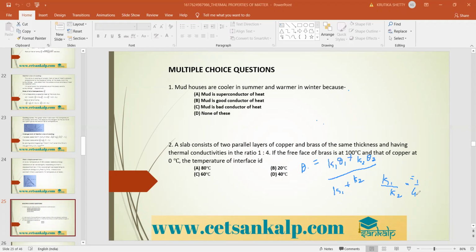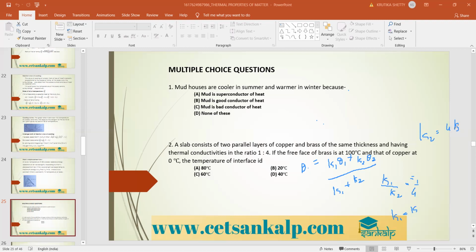Therefore, if we take K1 equal to K, then K2 becomes 4K. Now you have K1 equal to K and K2 equal to 4K, and theta 1 and theta 2 as 0 and 100.